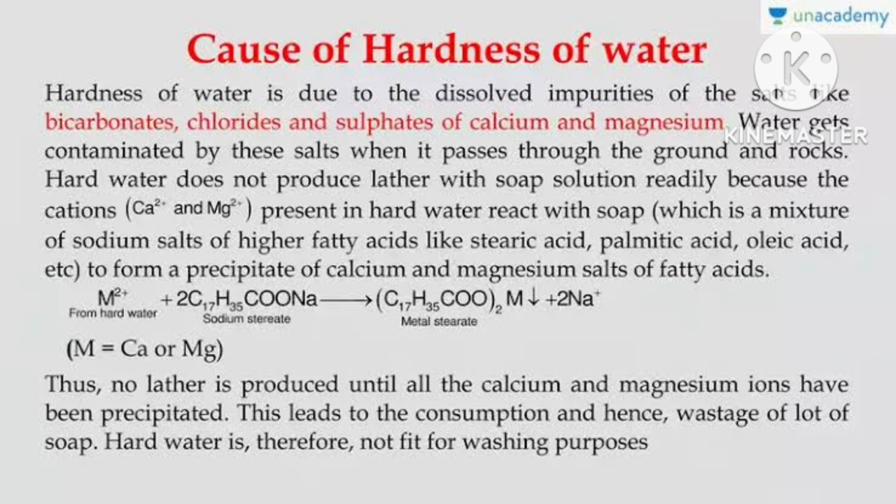Then 2F2, fluorine gas, plus 2H2O liquid, forms 4H plus, hydrogen ion, plus 4 fluoride ion, means HF, you can say, hydrogen fluoride, plus oxygen. Means when water is oxidized, it will form oxygen.